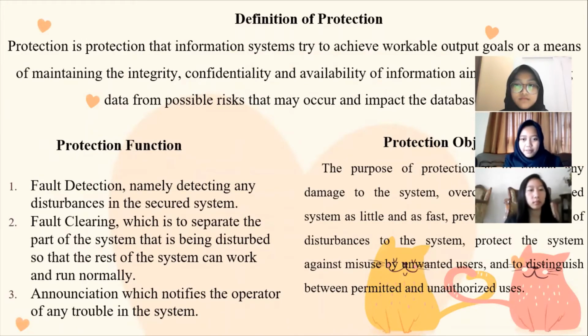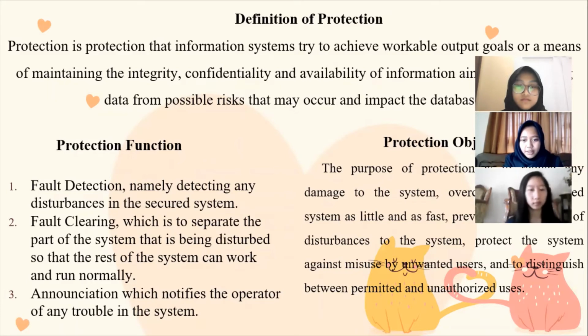Definition of protection. Protection is how an information system tries to achieve workable output goals, or a means of maintaining the integrity, confidentiality, and availability of information, aimed at protecting data from possible risks that may occur and impact the database. Protection functions. 1.